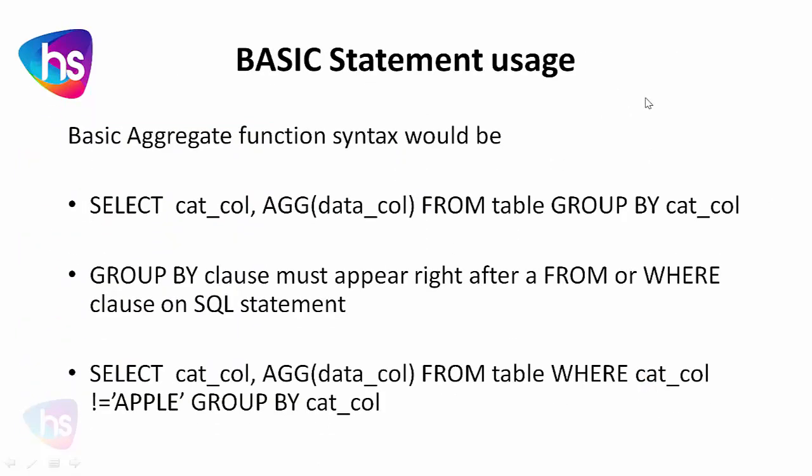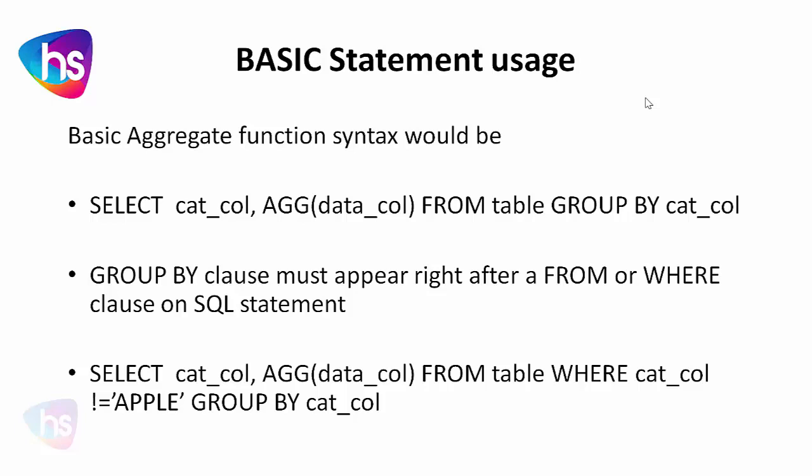The basic aggregate function syntax would be: select the column and aggregate function. It may be sum, min, max, count, average, anything. And the name of the column which you are going to apply this particular aggregate function to. And you know from which table you are getting the data.